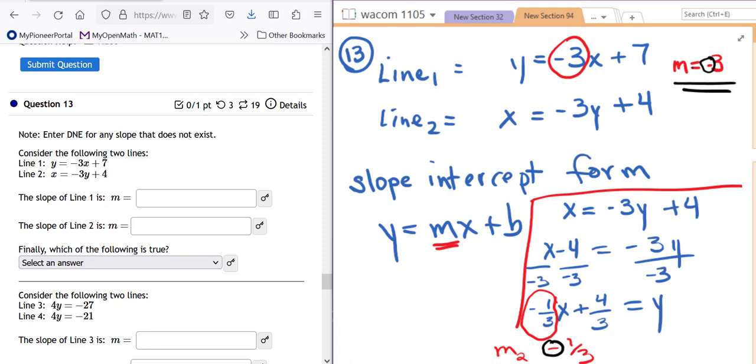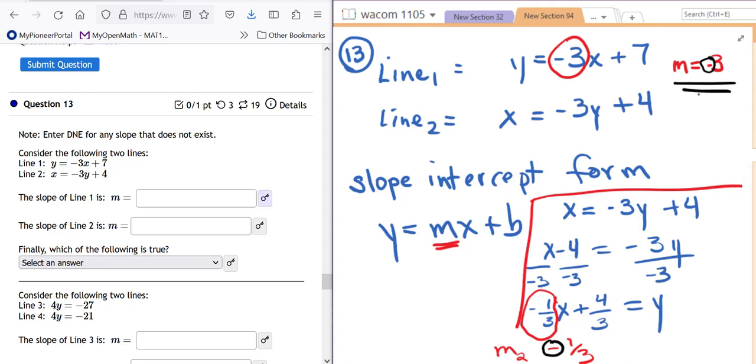I'm jumping to the last question. They're trying to get you to fall for it right here. If this was y equals and then x here, you would just look and know the answer. They would be the same and it would be parallel. But that was not the case. This was not y isolated. So we had to do some work.